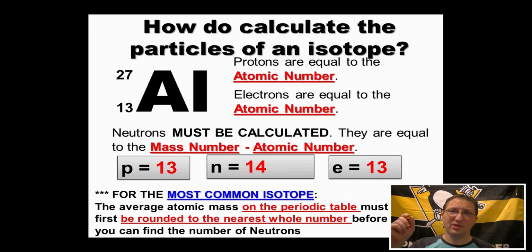If you go out in the universe, pick up an atom and look at it, what's it going to be? Well, we've got to look at the periodic table, because that information is already there. We just have to know how to get it. It says the average atomic mass on the periodic table. You can find the most common isotope by taking that average number and simply rounding it to a whole number, and that's going to be your most common isotope.